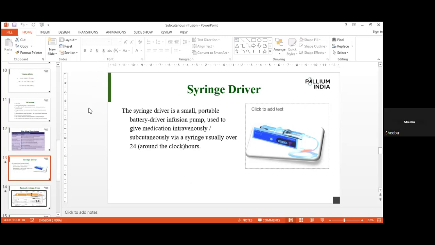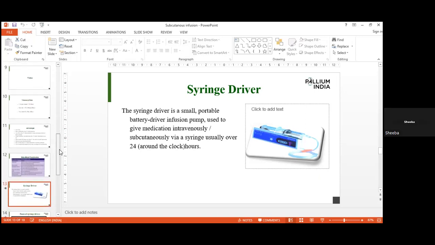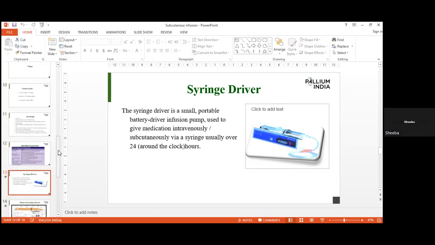Sunil sir, anything you want to add about NGT insertion and urinary catheterization? Those are basic things. There might be some tricky questions there also, sir.